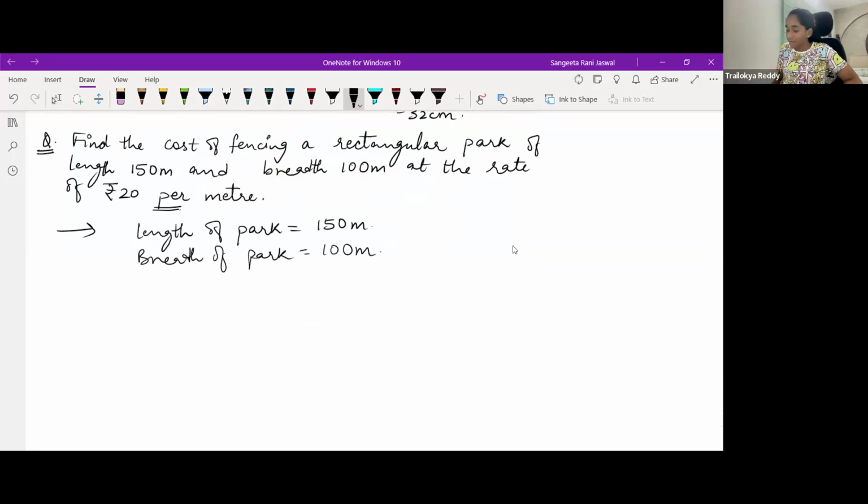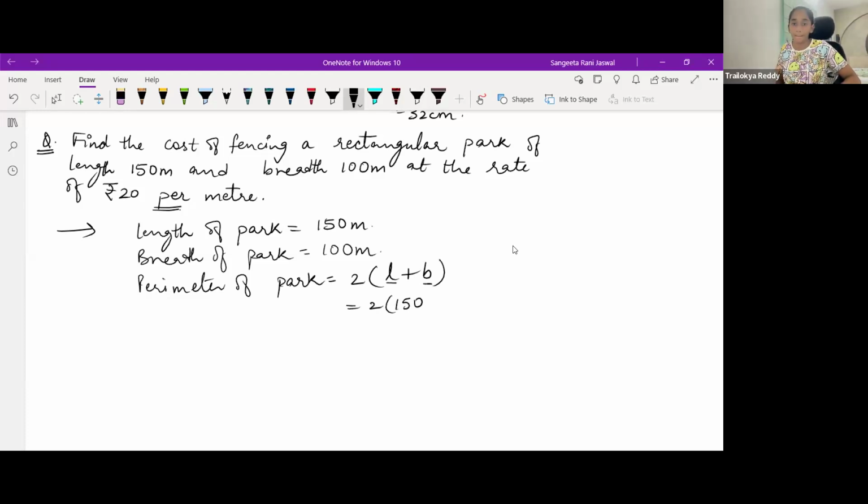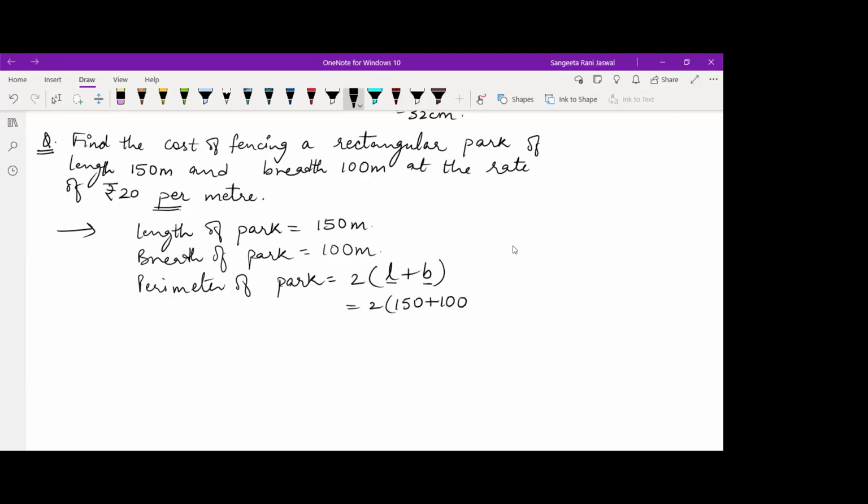The perimeter of the park is equal to 2 into (L plus B), which is equal to 2 into (150 plus 100). I'll put the values of length and breadth here. Okay, you can carry on, beta. Let me ask somebody else now.